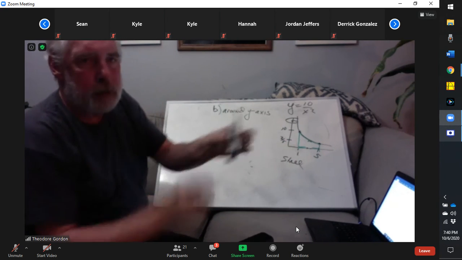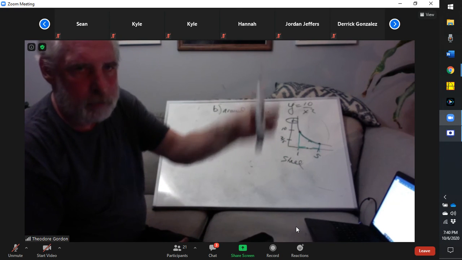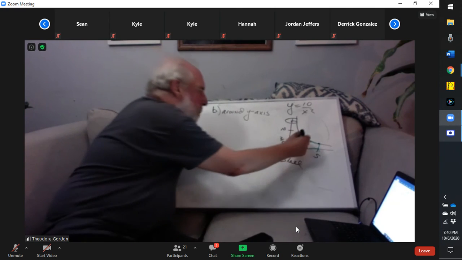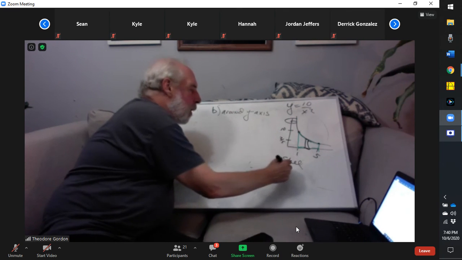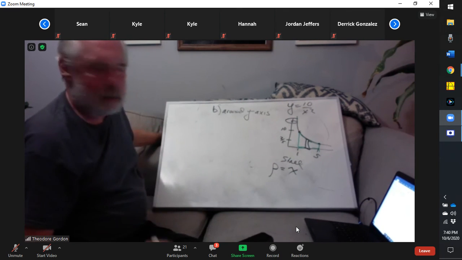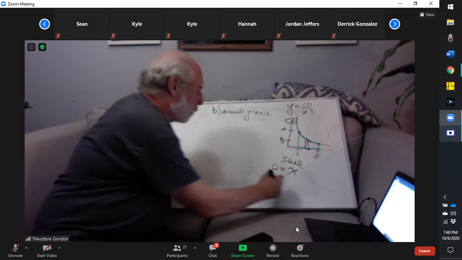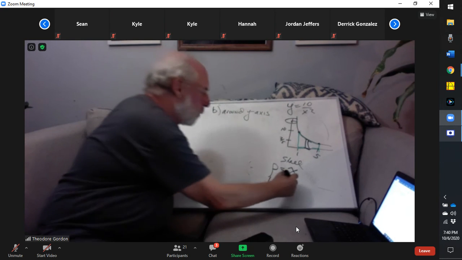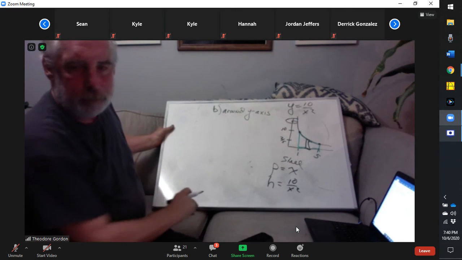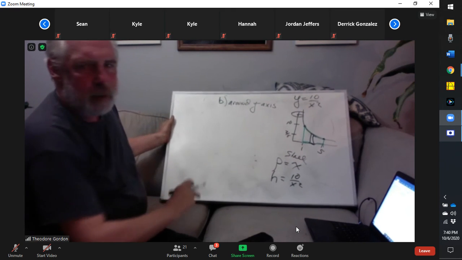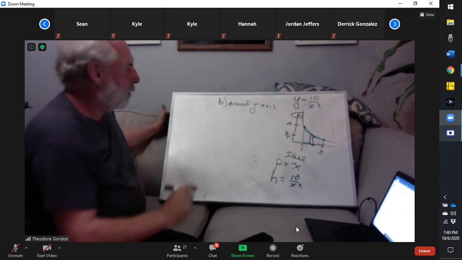We're spinning a vertical line, so the shell is also vertical. Since we're spinning the y-axis, rho is just x. And the height of the rectangle is just the function. Shell is almost always easiest to use.